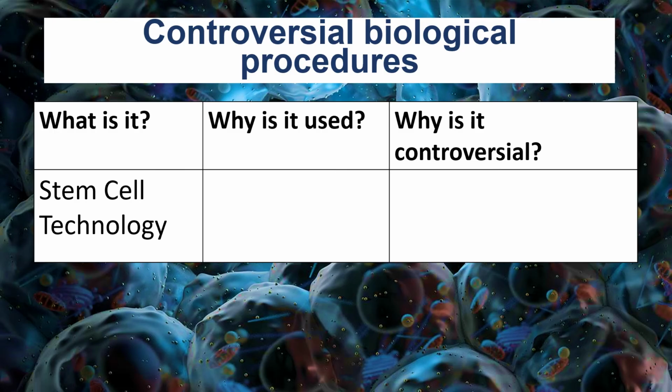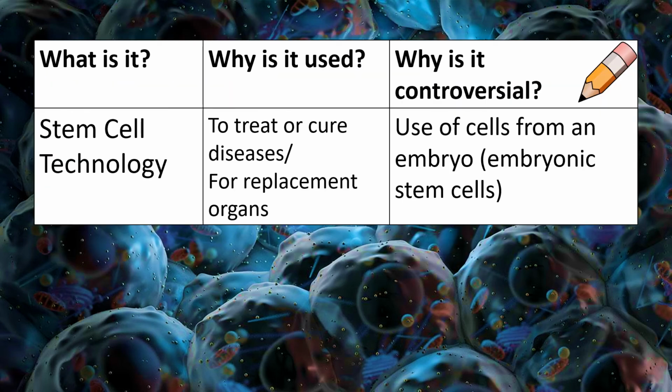So try to use your knowledge from the previous parts of this video to fill out the table. Pause the video and see if you can fill in the table before I tell you the answer. So the answer to this is that stem cell technology is used to treat or cure diseases or for replacement organs. And it's controversial because it uses cells from an embryonic stem cell.